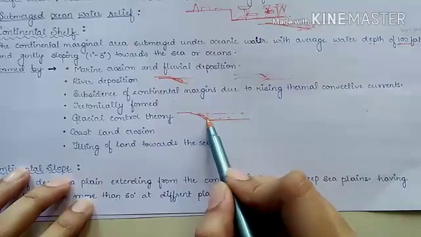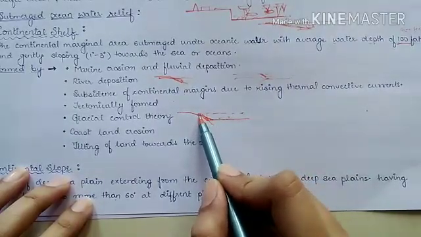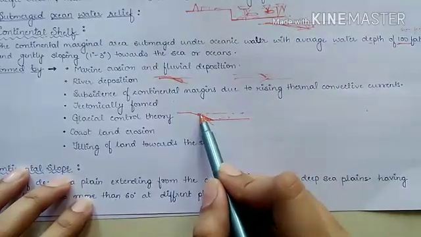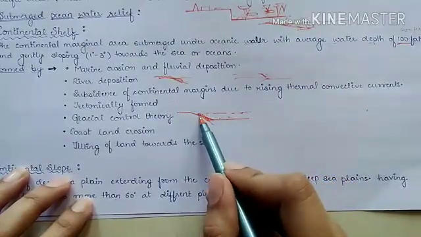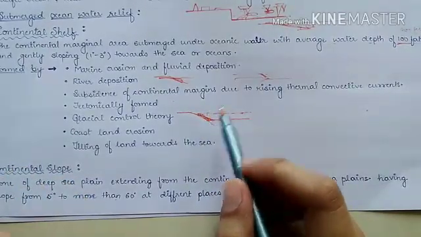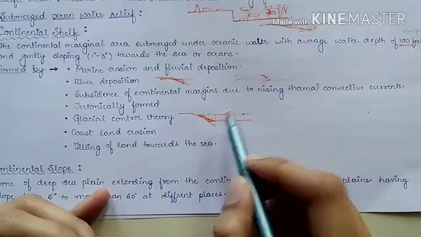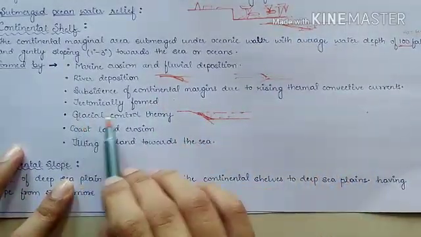This area which was previously exposed went back in the water, and this submerged area formed continental shelves. This theory is known as glacial control theory.